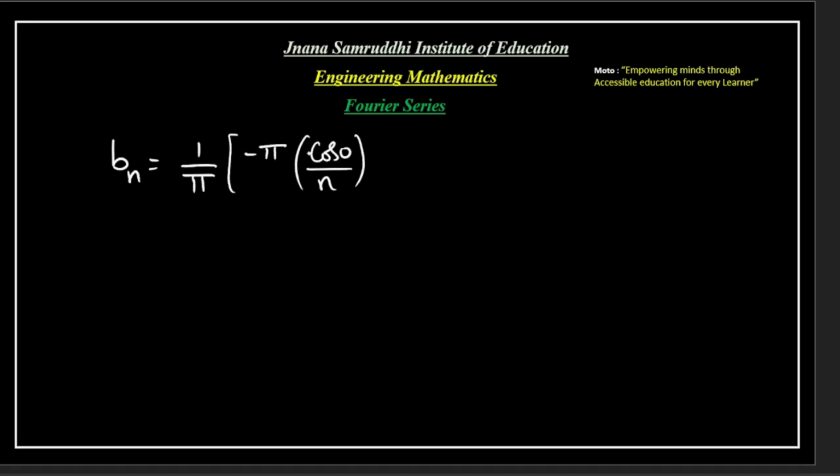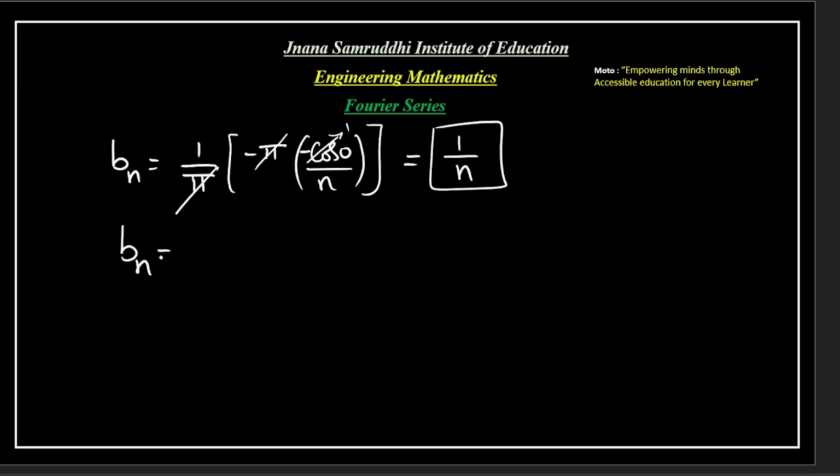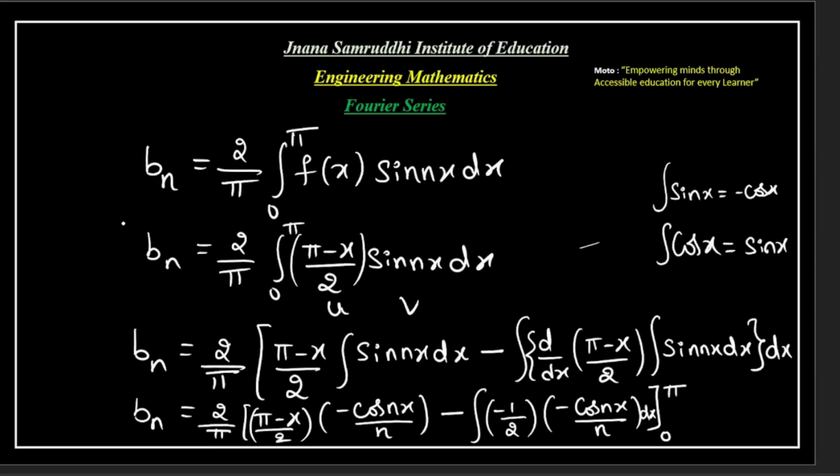Here we have minus. This pi and this pi will get cancelled. Will be 1 minus into minus plus cos 0 is 1. We know everyone cos 0 is 1. So minus into minus plus 1 by n. So now we got the value for Bn. Bn value is 1 by n. Got it? So now we need to substitute this Bn value to the equation.